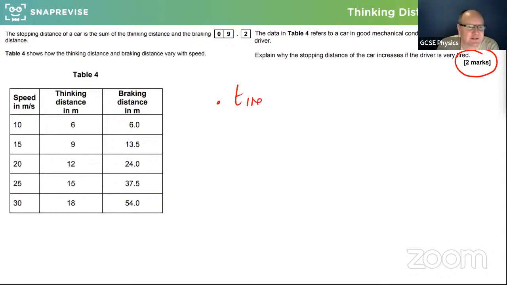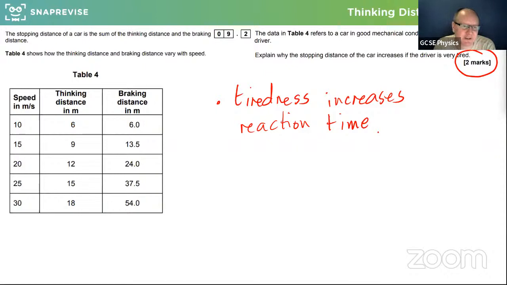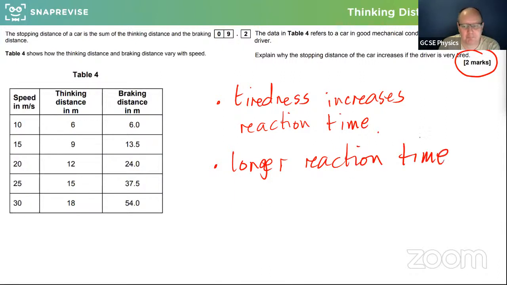So what can we say about tiredness? Tiredness increases reaction time. There's 1 mark. We've clarified, we understand that the reaction time is going to increase. Longer reaction time increases the thinking distance.